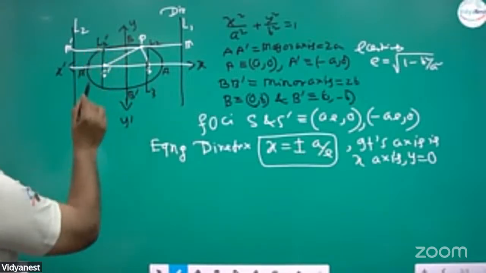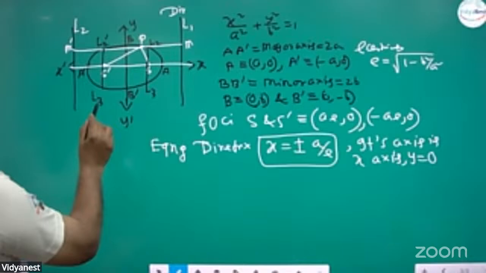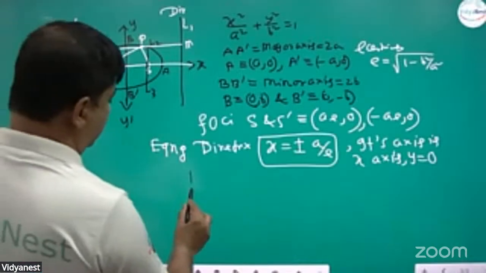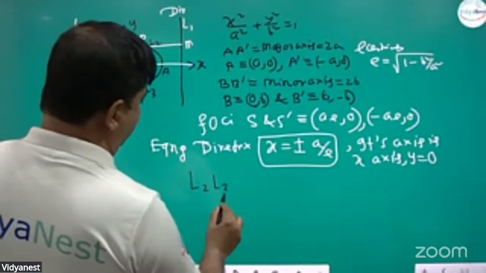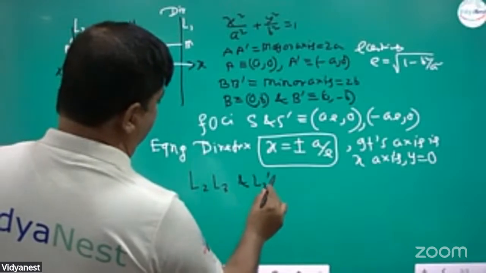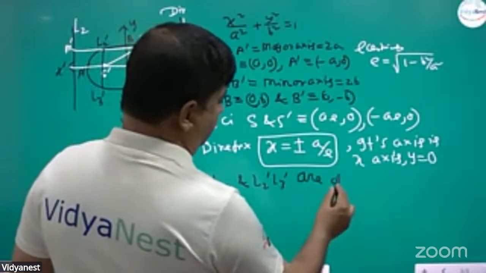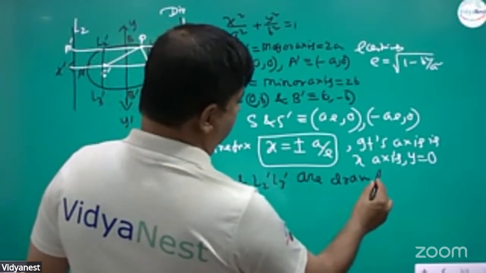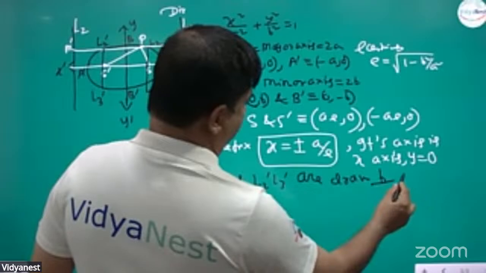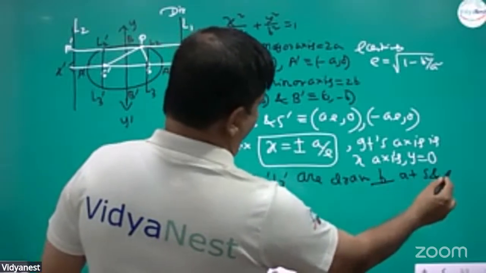Sorry. Here, L2, L3 and L2 dash, L3 dash are drawn perpendicular at S and S dash.